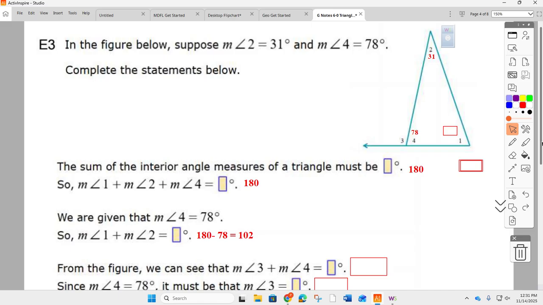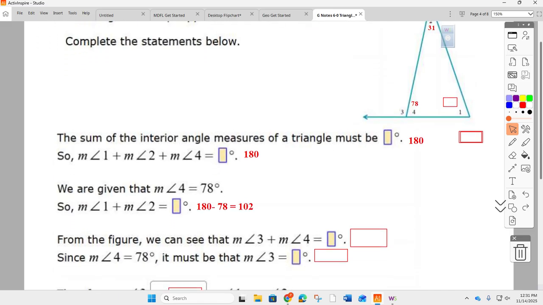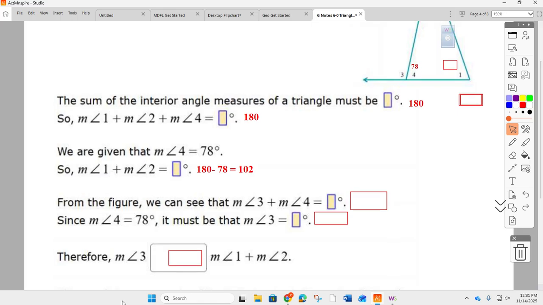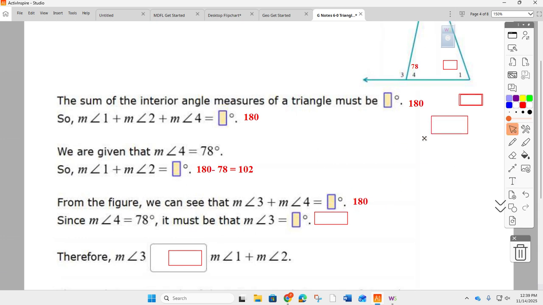We're kind of deriving that theorem, why this theorem works, why we can take that shortcut here. Just from the figure we can see that the measure of angle 3 plus the measure of angle 4 equals, for the sake of time, 180. So since the measure of angle 4 equals 78 degrees, it must be that the measure of angle 3 equals 102.